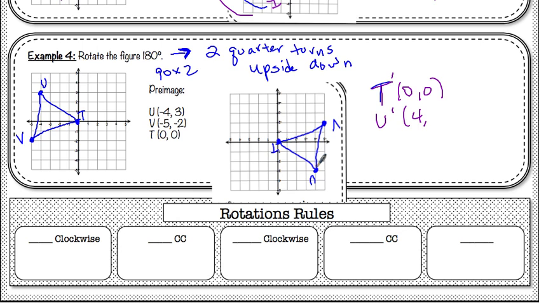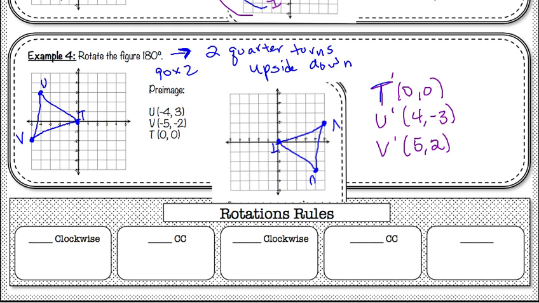So right 4, down 3 from the origin. That's minus 3. Right 4, down 3. I have U prime. And then V prime, from the origin, I would go right 5 and up 2. Right 5 and up 2. Right is positive 5, up is positive 2.